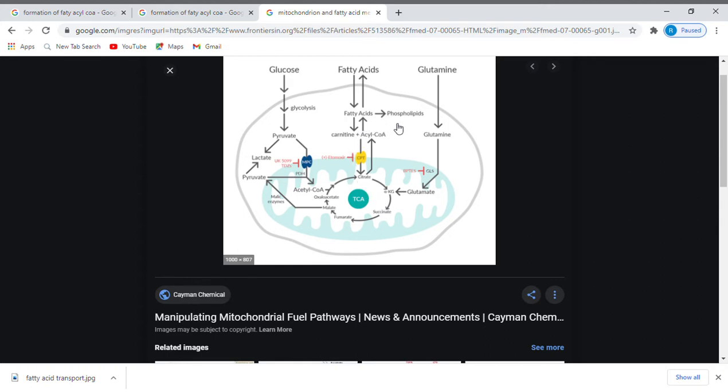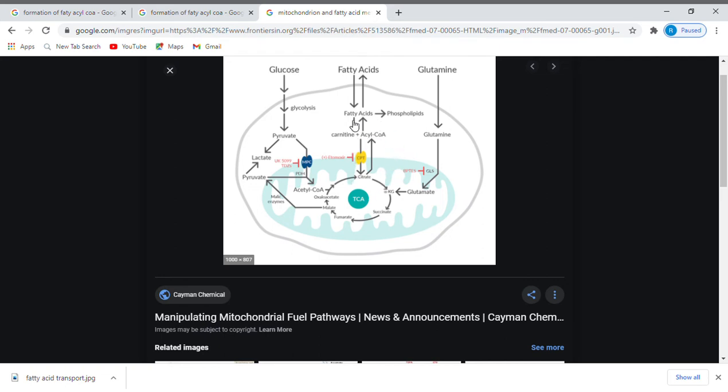And where are the fatty acids actually present? Outside the mitochondria. So what you see here is the cell. This is the cytoplasm. This is the mitochondrion. Fatty acids are outside the mitochondrion, so they need to be transported into the mitochondrion. That involves some transport mechanisms and a form of activation.